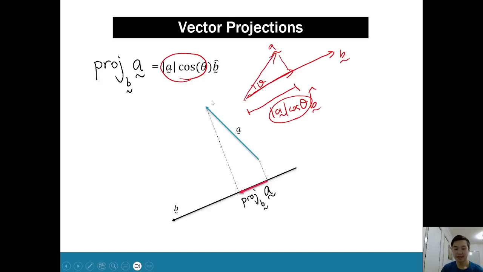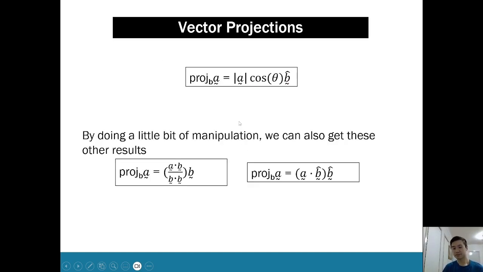However, this formula is the pure formula, the one where the projection formula comes from. But it's not always the easiest to plug numbers into, because you might not know the angle between the vectors. So using some manipulation, we can get other results, and this one is the most common, which you will definitely use at school.